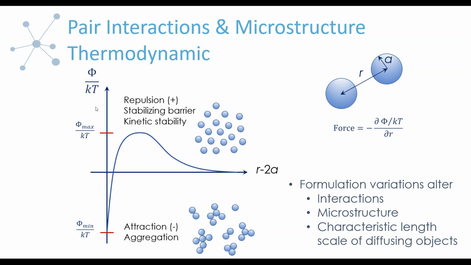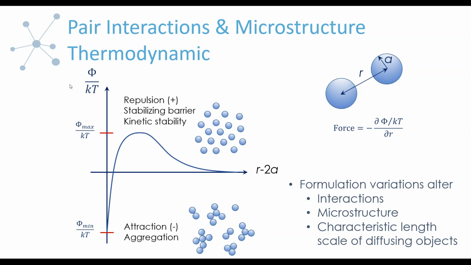So generally when we look at how the proteins or particles are interacting, we classify this with what we refer to as the interaction potential, and we look at how this varies as a function of separation between the two objects. So R minus 2a is basically the surface-to-surface separation of some object which we're representing visually as a spherical object.